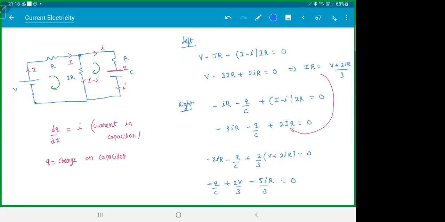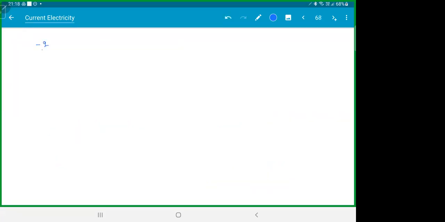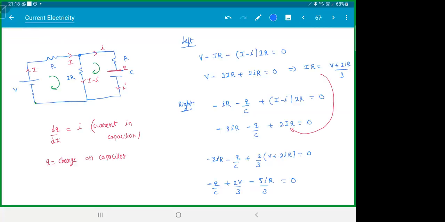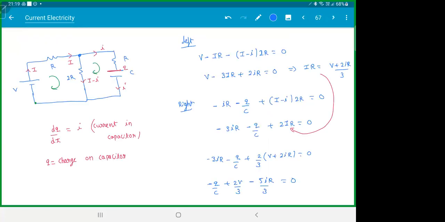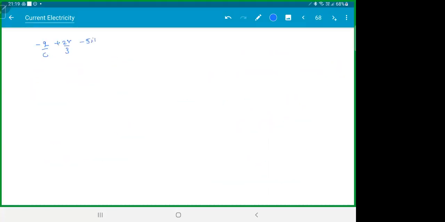Now, how to solve this thing? So minus Q by C plus 2V by 3 minus 5 IR by 3. So minus Q by C plus 2V by 3 is equal to 5R by 3 into I. So bring that.